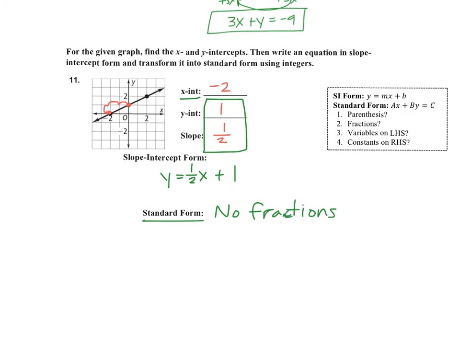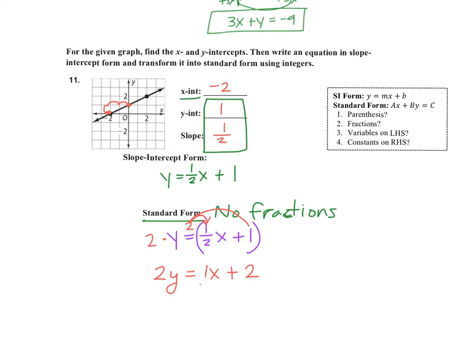Okay, so in order to get rid of our fractions, we're going to take that slope-intercept form, y equals 1/2 x plus 1, and we're going to multiply everything by what? By 2. So if I multiply by 2 on the left, I have 2y. Multiply by 2 here, and that would just be 1x, or you can just write x, and then multiply by 2 here, and you get 2.